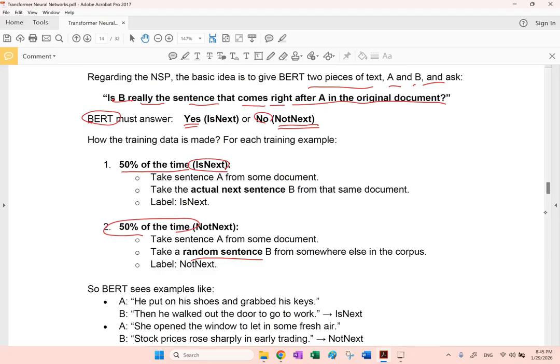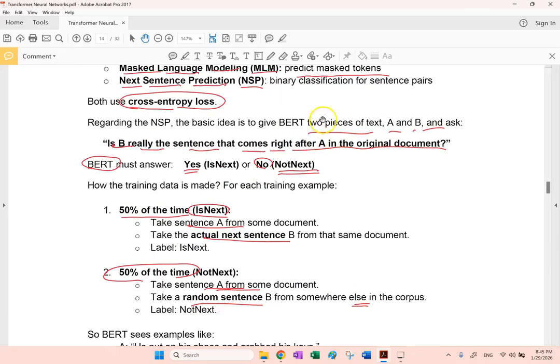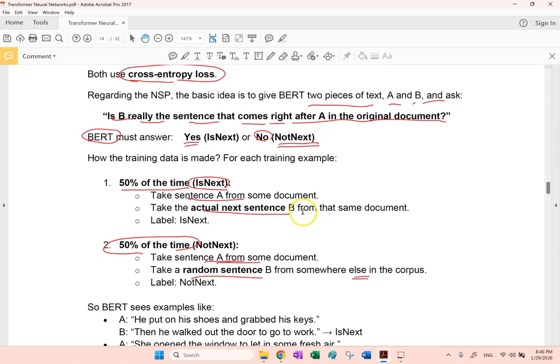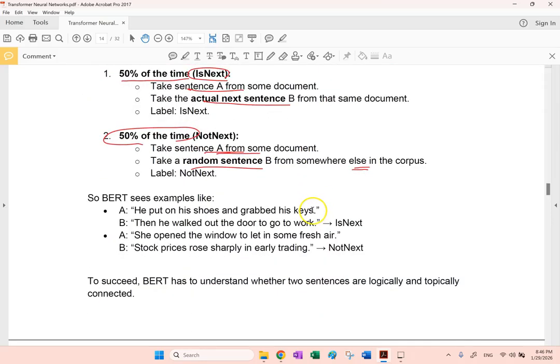So they took a random B from somewhere else in the corpus for some given A, and clearly that was not right after A, but half of the time they actually took exactly the next sentence after the input A and called it B and allowed the system to train. And as I said, for the missing token, again, it was a random token that was missed, and it has to predict it.